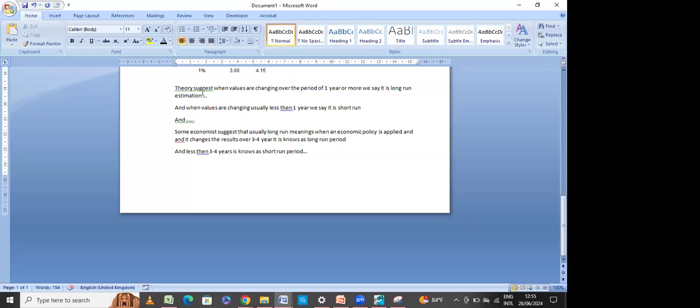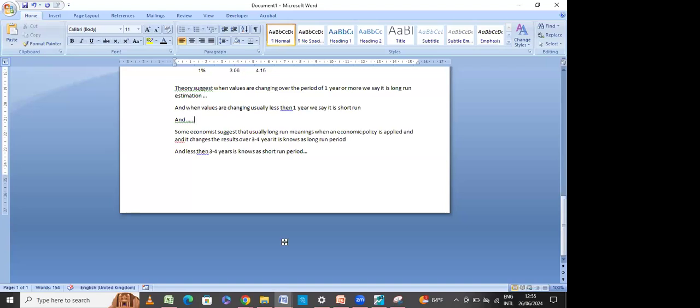This kind of period is usually the long run period. And sometimes when we apply an economic policy and analyze the output within 6 months, even within 1 year, we say this period is known as the short run period. So there is a contradiction between long run and short run.